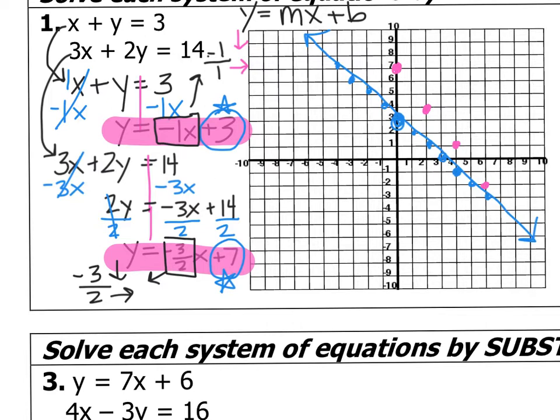And let's see here, down 1, 2, 3, and to the right 1, 2. Looks like that's my spot. X marks the spot. Right here.